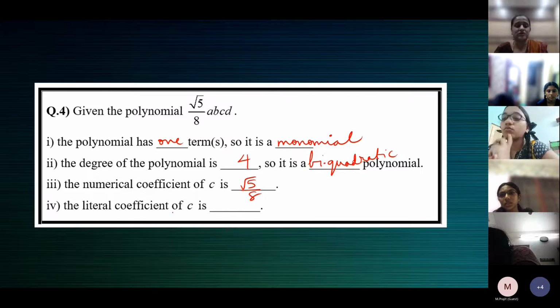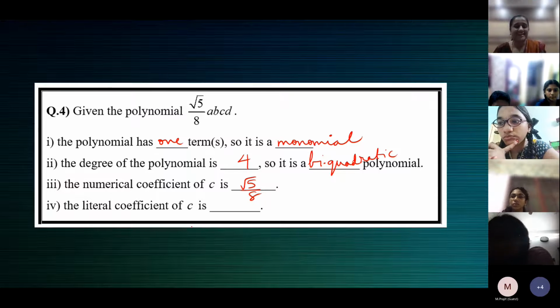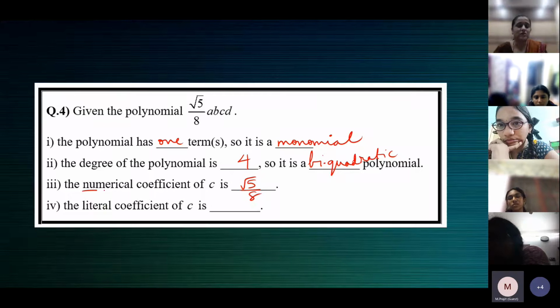The literal coefficient of C is what? No, literal means a letter. Numerical means a number. Literal means letter.